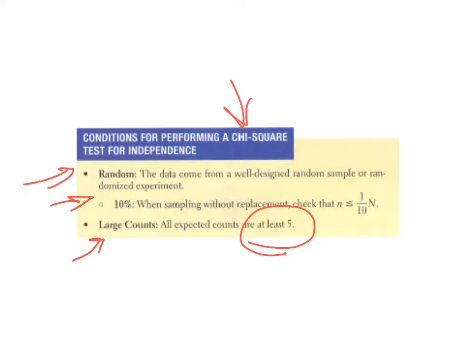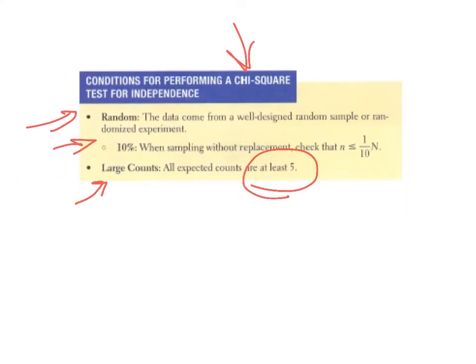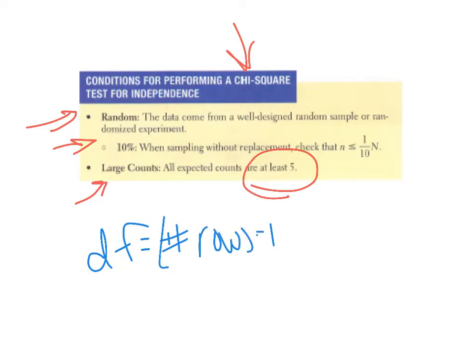As with the chi-square for homogeneity, our degrees of freedom are going to be equal to our number of rows minus 1 times the number of columns minus 1.